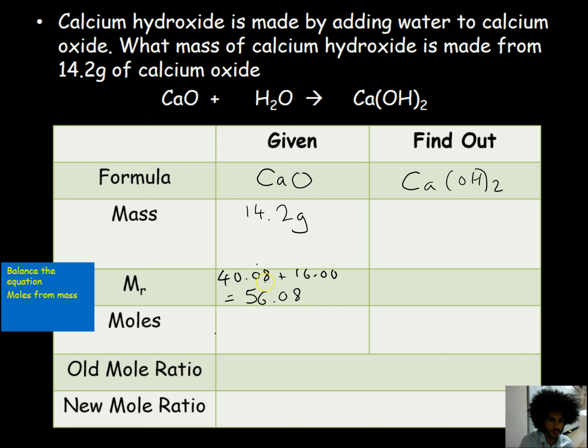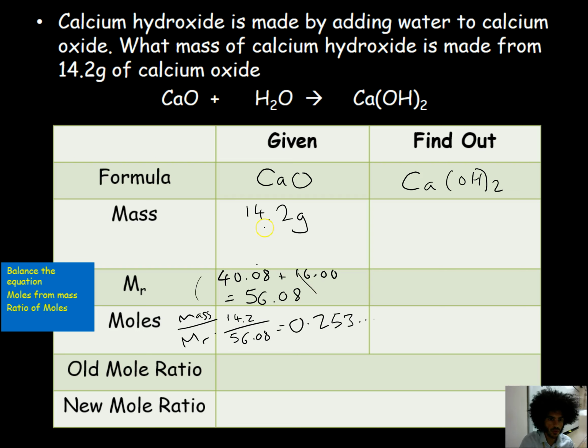Now moles, if you remember, is mass divided by MR. So I'm going to get my mass, which is 14.2, and I divide that by my MR, which is 56.08, and that gives me, let me use my calculator, 0.253. Okay, it's basically a quarter. Now, my next step is ratio of moles.